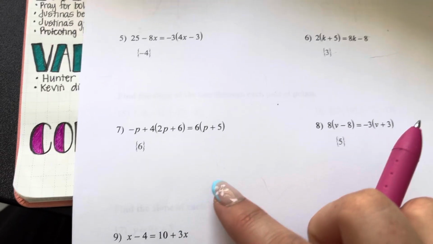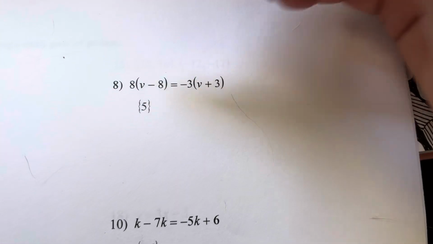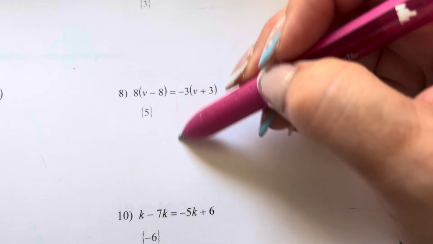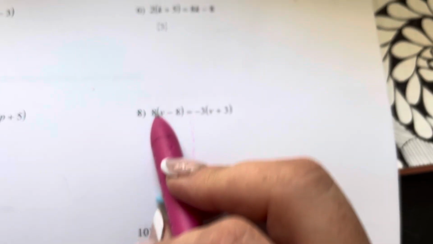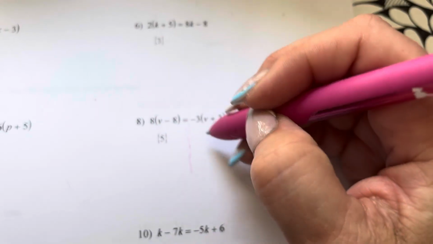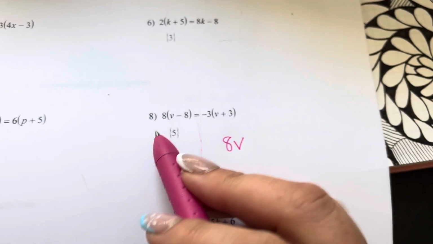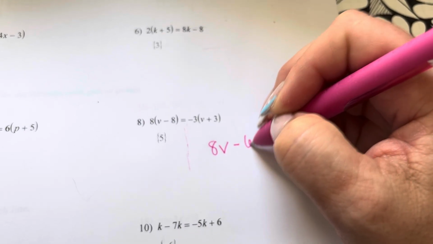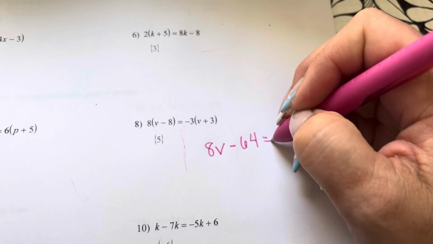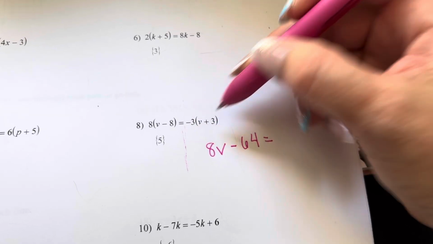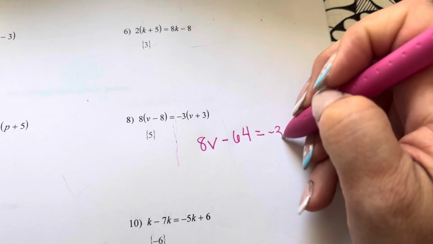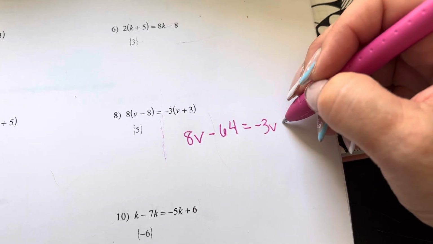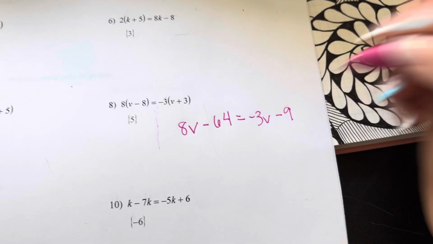All right, let's see here. Let's go to 8. In 8, I'm going to want to distribute. I'm going to want to simplify both sides of the equal sign. So over here, 8 times v is 8v. 8 times -8 is -64 equals -3 times v is -3v. -3 times +3 is -9.